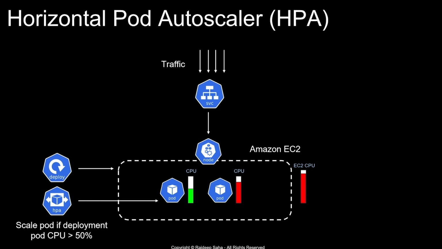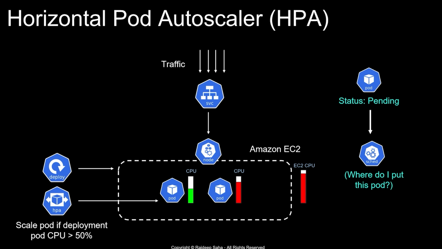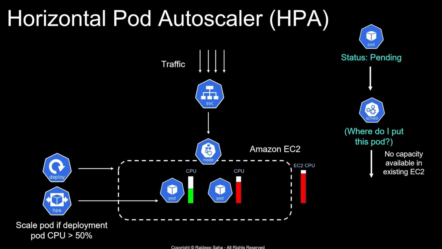So HPA simply increases the number of pods, which causes the pod to go to pending. Scheduler then jumps in and says, where do I put this pod? But hold on a second, no capacity is available in the existing EC2. So the scheduler cannot really schedule this pod into the running EC2s. And scheduler cannot really scale EC2s. That's not scheduler's job.